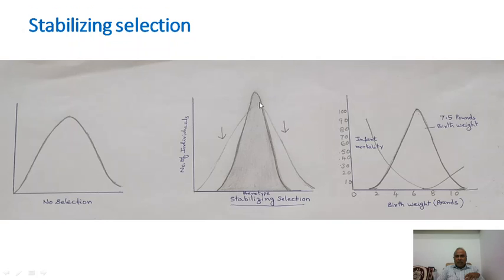Nature is favoring only this area. This area has the mean value, not the extreme value on this side and that side. So the extreme ends are cut by stabilizing selection. All individuals selected have almost all mean value. Extreme value individuals are discarded.